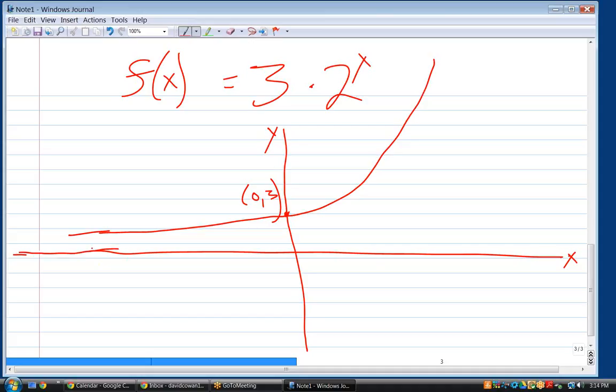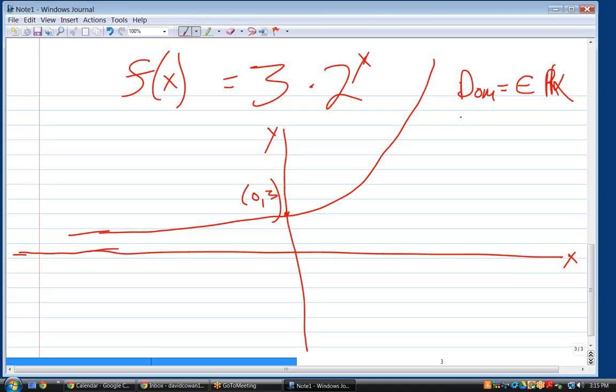In other words, if I go to negative infinity, f of x would approach 0. All right, what's the domain of this function? What can x be? Negative infinity to infinity? Yeah, all reals. It's a member of all reals is the domain.